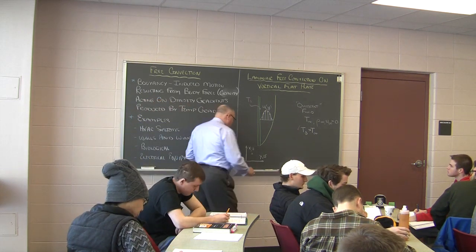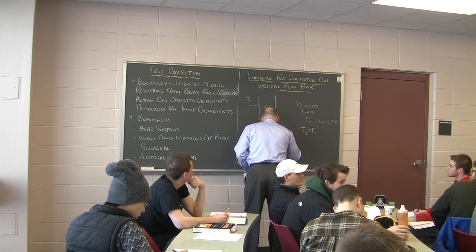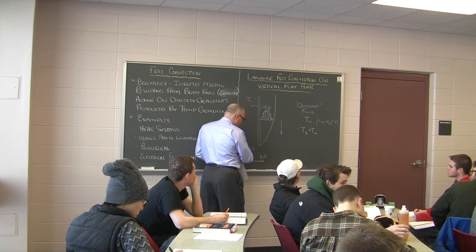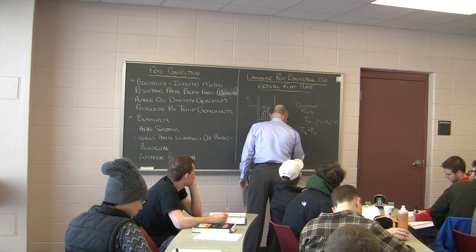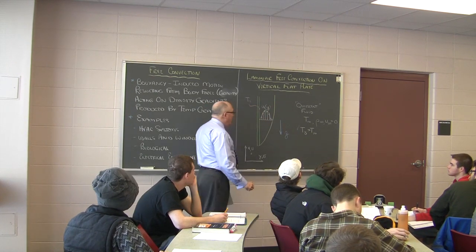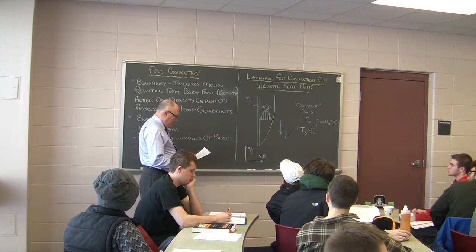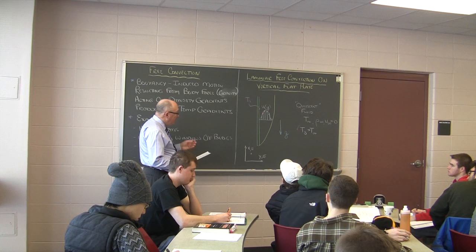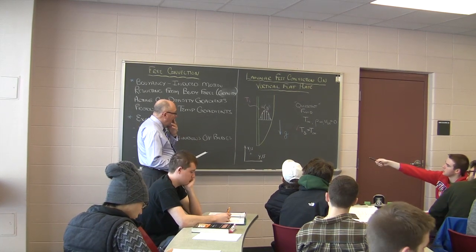Why is it not x? Because we have changed our coordinate system. Isn't it a function of x and y? Just in the x direction, it changes in relation to y.